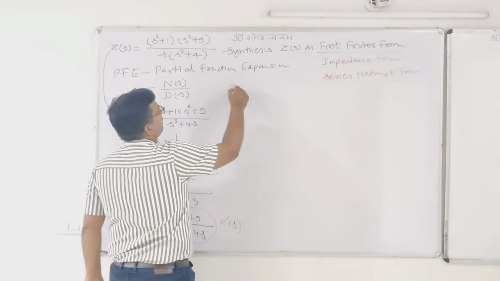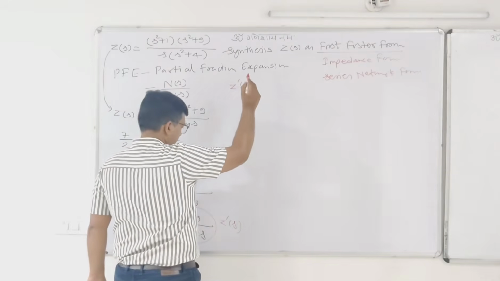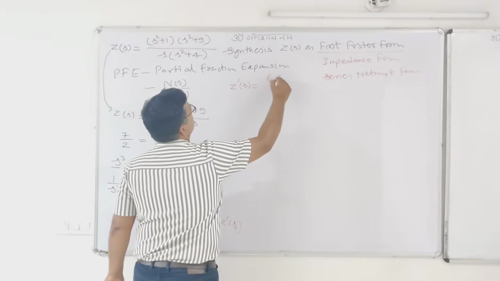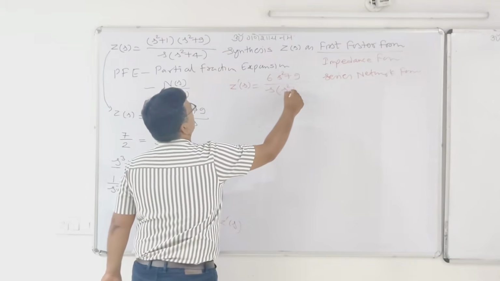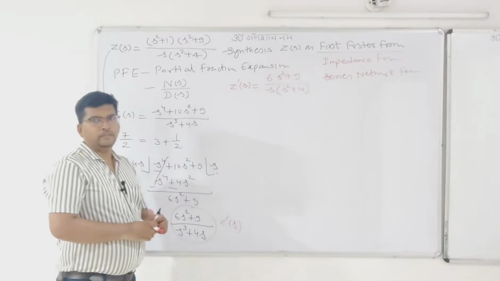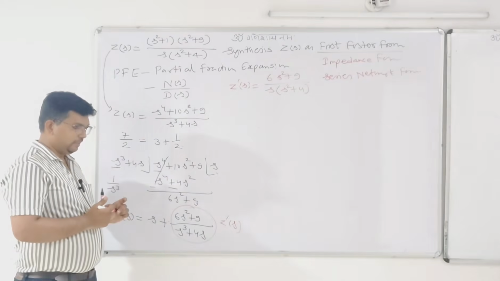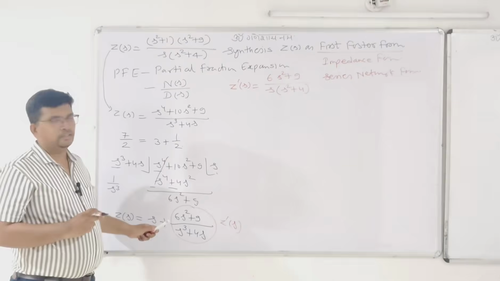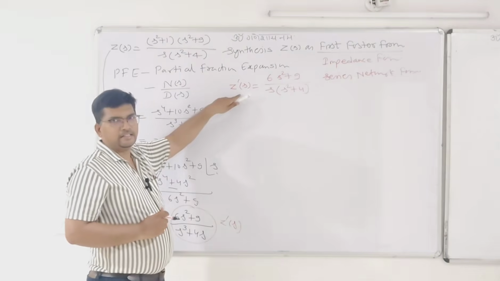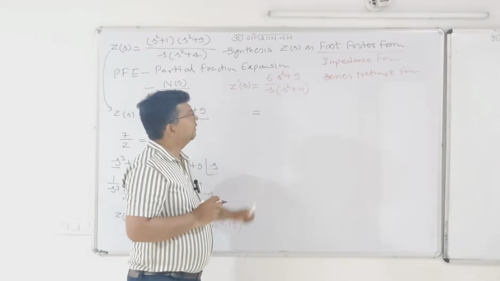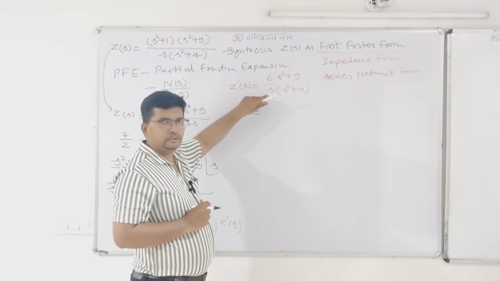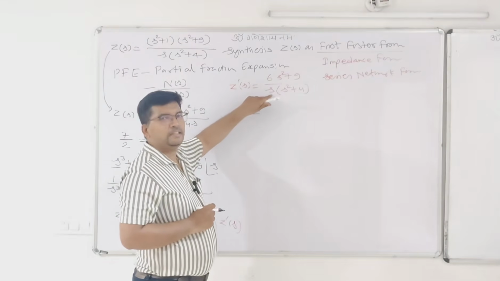So we will write this Z'(s) separately, that is (6s^2 + 9) upon s(s^2 + 4). Now after dividing this, we can apply the partial fraction to Z'(s). The partial fraction expansion says that there are 2 factors.